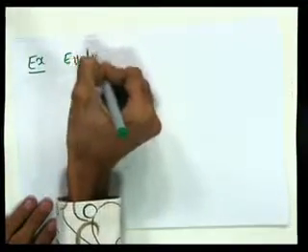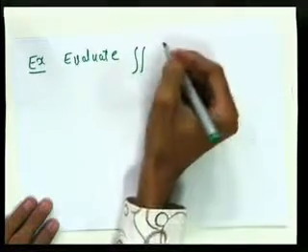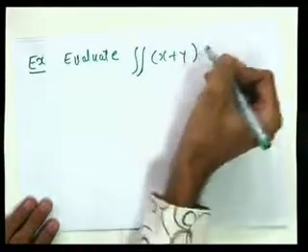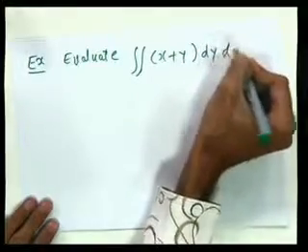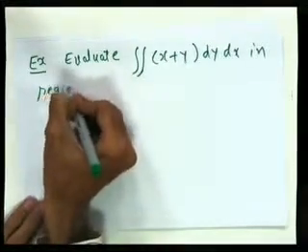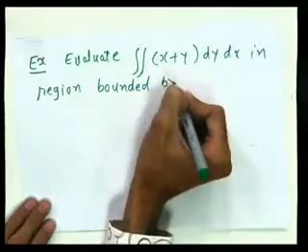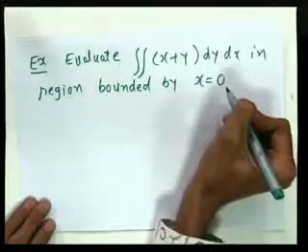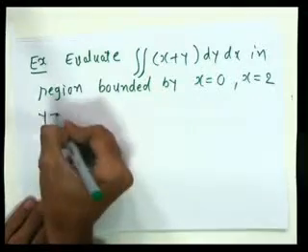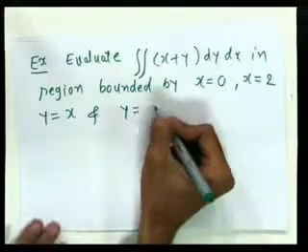Evaluate the double integration of (x + y) dy dx in the region bounded by x = 0, x = 2, y = x, and y = x + 2.